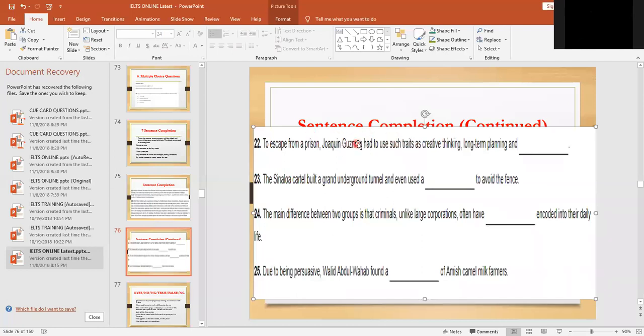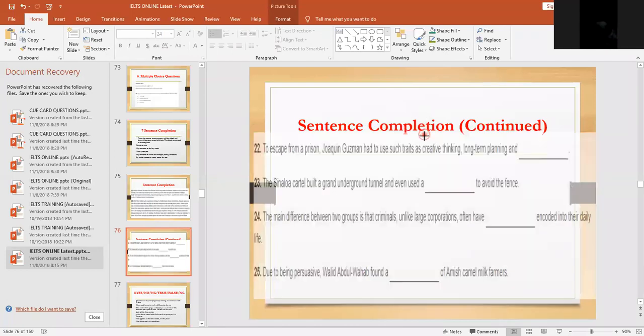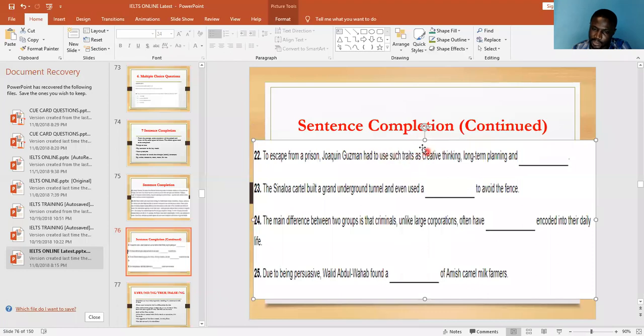Can you see my red cursor I am pointing? Can you see the one in red, sentence completion? Okay, so let me continue then, because I wanted to be sure you were all hearing me.